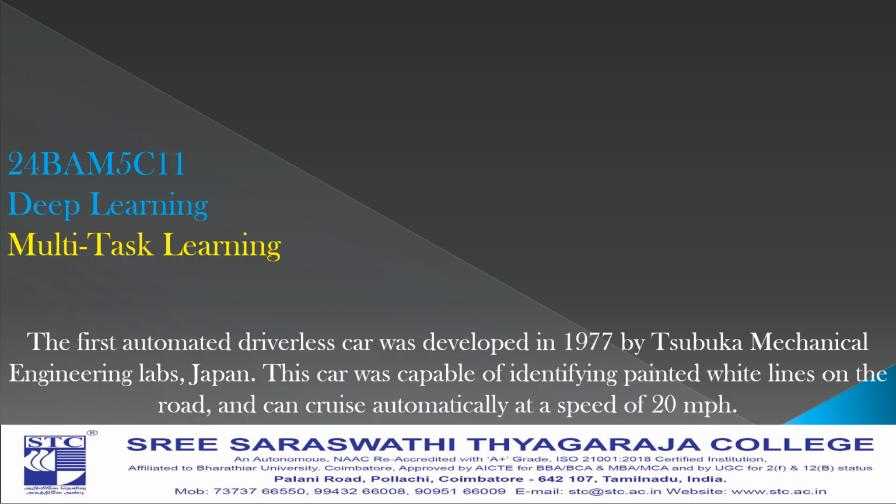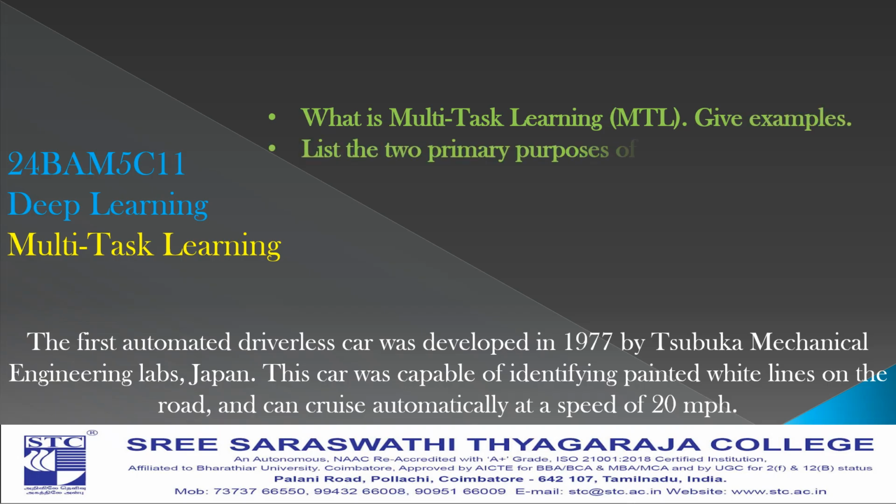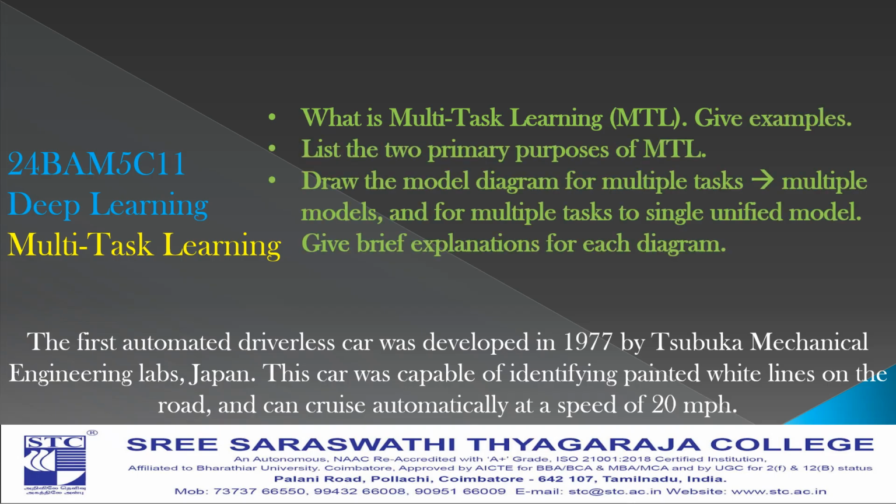So from this passage, we can see how old the intuition of automated driving cars is. It was in 1977. At the end of this lecture, you should be able to answer these questions.